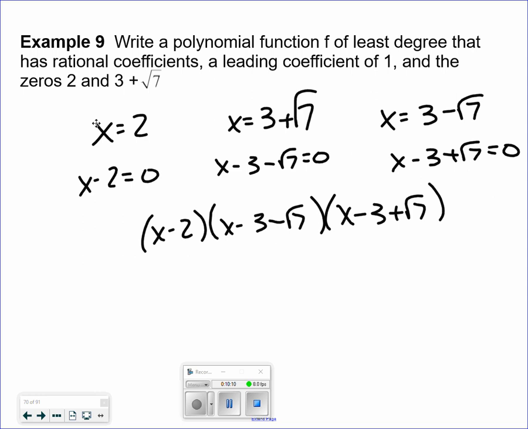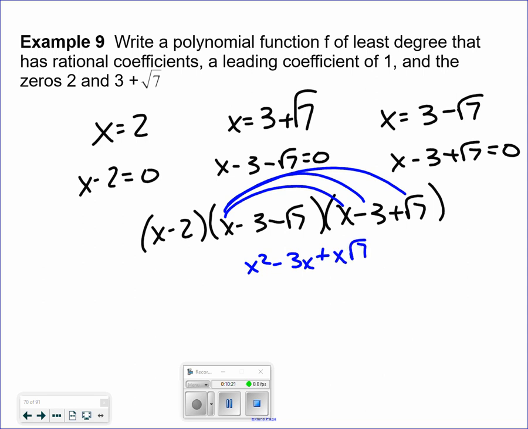I'm going to give you a helpful hint here. X times x is x squared. X times negative 3. And then x times the square root of 7. Next one, negative 3 times x. Negative 3 times 3. And negative 3 times the square root of 7.